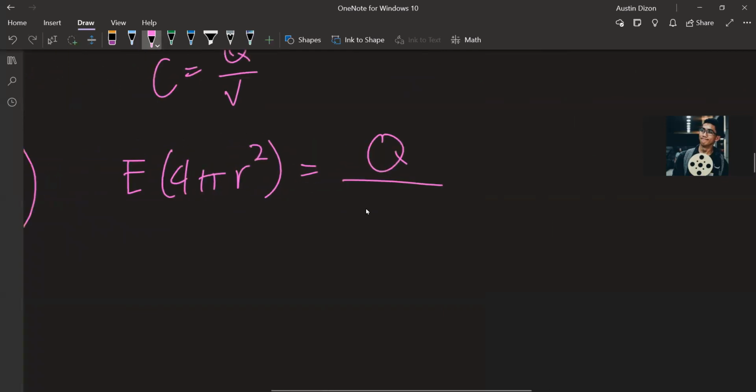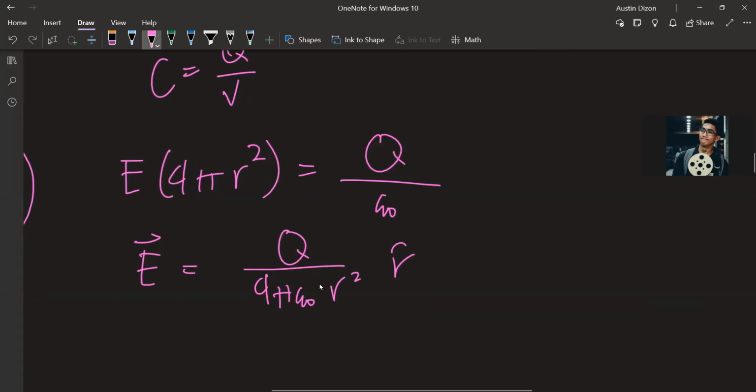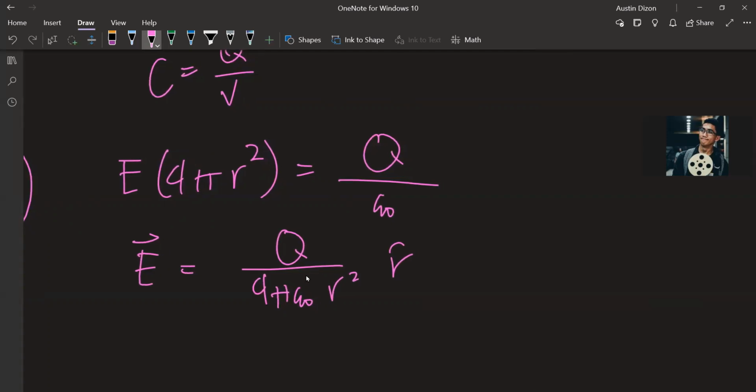Okay, that simplifies my life. Gawin ko lang siyang vector: Q over 4 pi epsilon naught r squared r hat. Radial yung direction as usual.